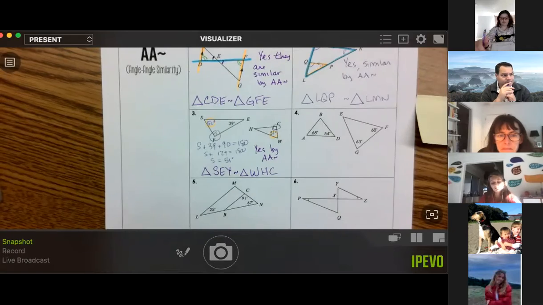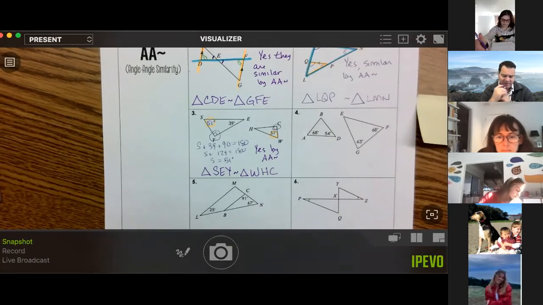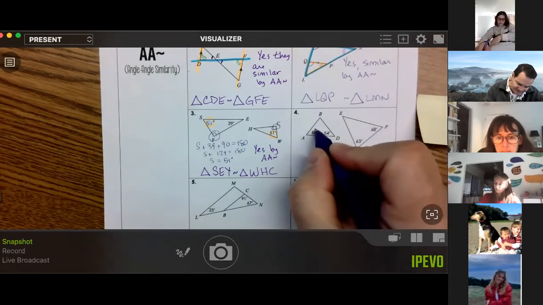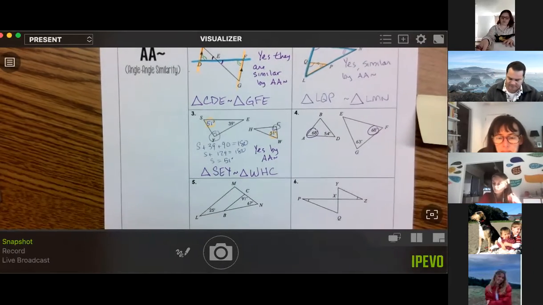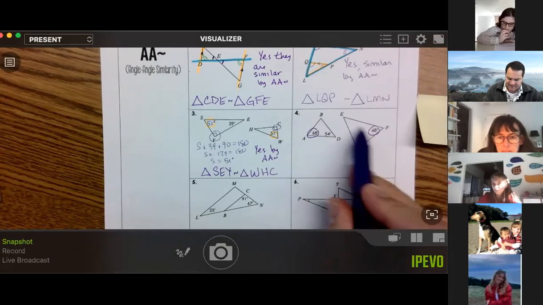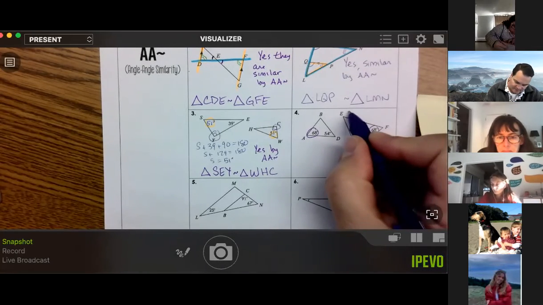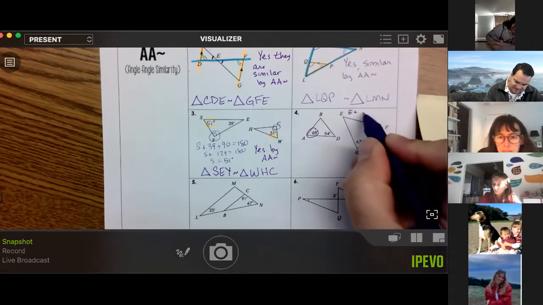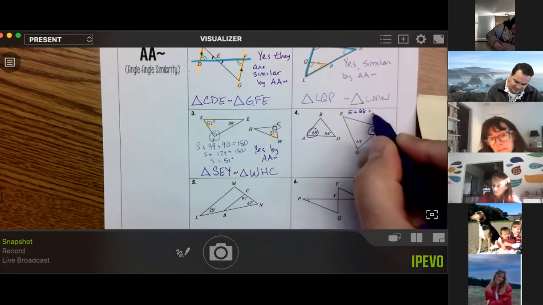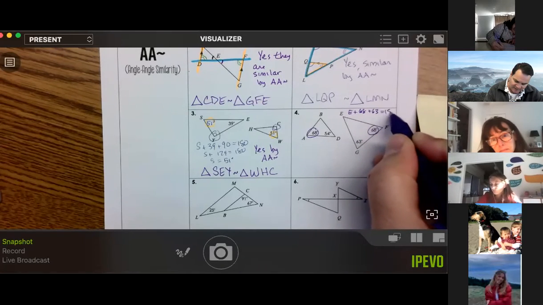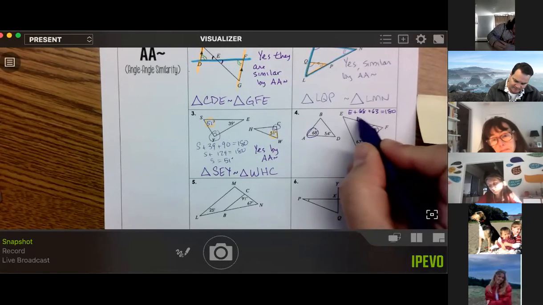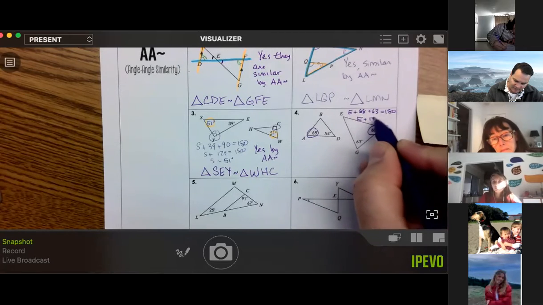Okay, what about 4? Let's try the same trick. We got one. We got the 68. That's easy. Let's find E and see if it's the right size angle. So E plus 68 plus 63 equals 180. So E plus 131 equals 180.